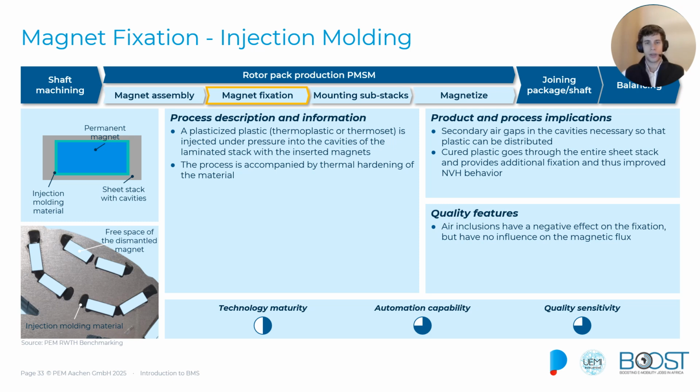Liquid plastic or resin is then injected into the mold, surrounding the magnets and filling any gaps. Once cooled and solidified, the molded material securely holds the magnets in place, ensuring stability and precise alignment during the rotor operation.